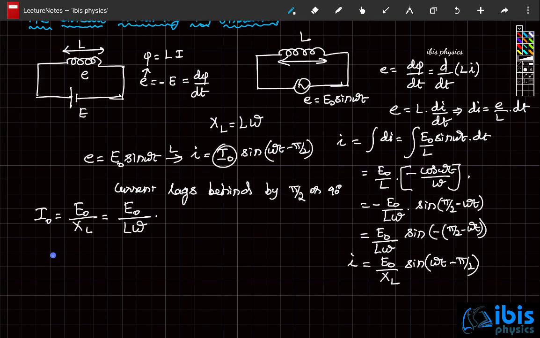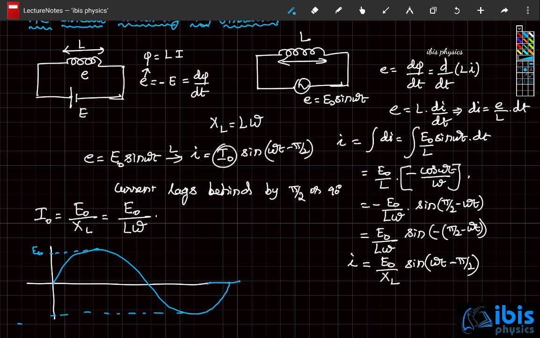Suppose you draw it the same way we did for the resistor and capacitor. If the applied EMF is drawn like this, going from E naught to minus E naught, the current here is lagging behind. By the time this is 0, the current is 90 degrees behind.